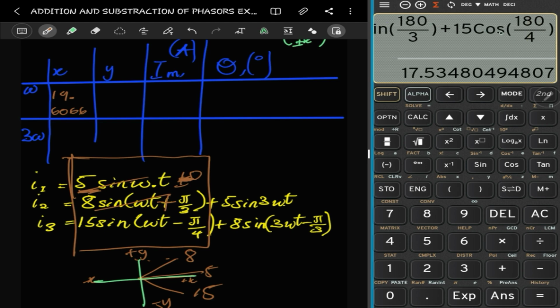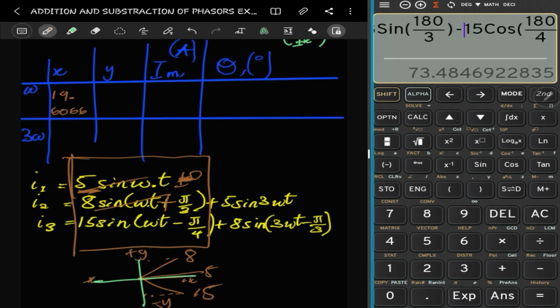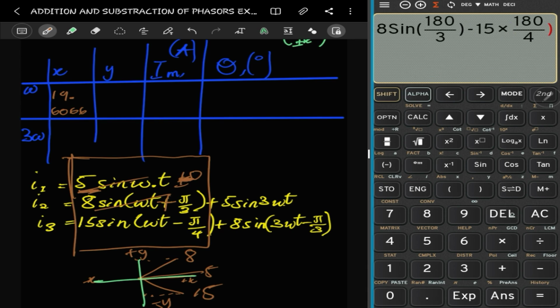And then the 15, let's look at it very well. The 15 is here. If I find the Y component, it comes to the negative Y axis. So first of all, it is minus, then the next thing is it is sine.